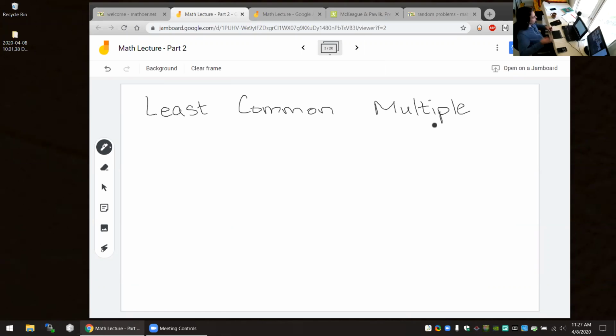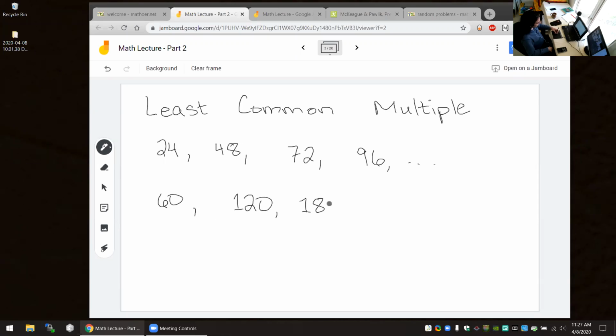So this is a similar thing, and the trick looks similar, but we're asking a very different question now. If I have, say, 24 and 60, I could list their multiples, 24, 48, 72, 96, and so on, 60, 120, 180, and ask, when is there something that's on both of these lists?